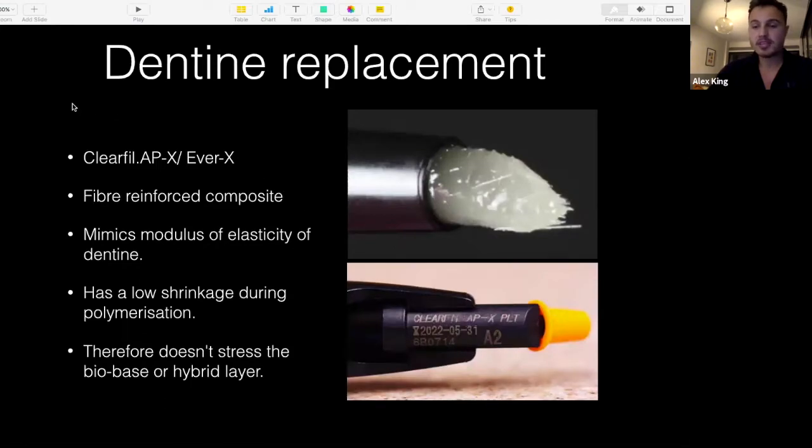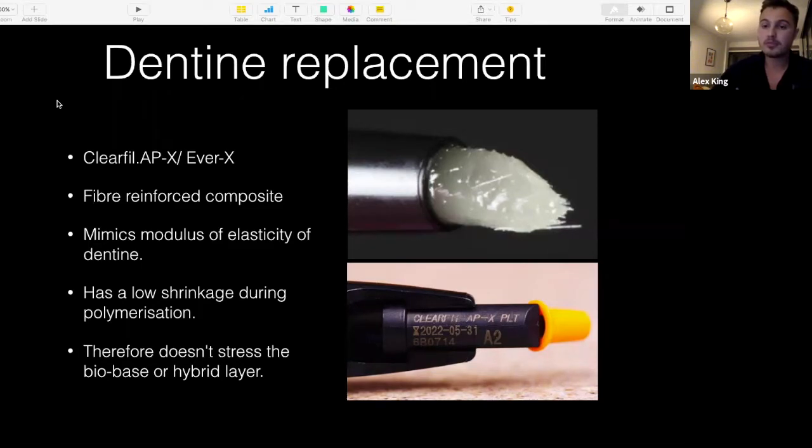So, dentine replacement. We just talked about the resin coat on top of the IDS. So that first millimeter of composite ideally should be a dentine replacement composite. A dentine replacement composite is a composite that replicates the modulus of elasticity of dentine, because obviously dentine has a higher modulus of elasticity than enamel because it cushions the tooth.